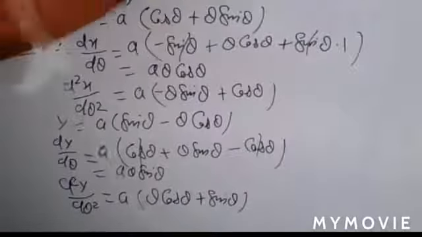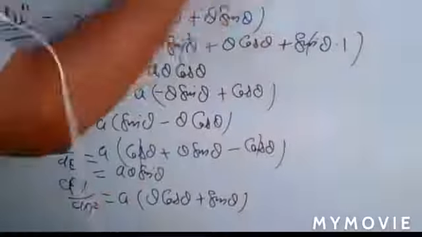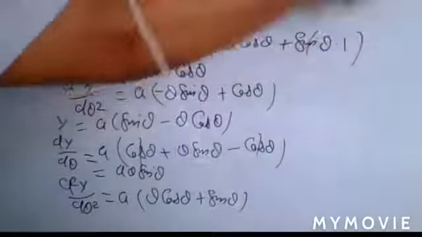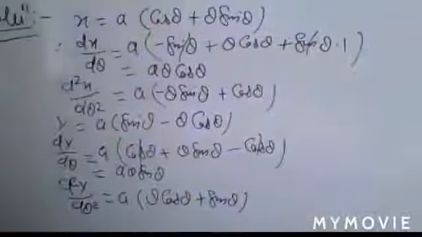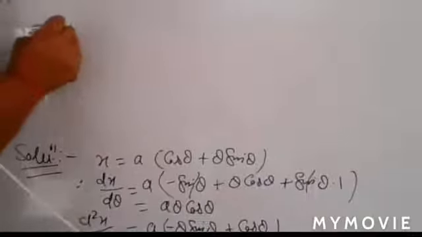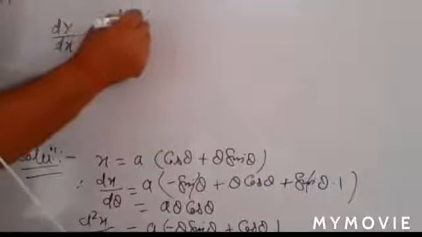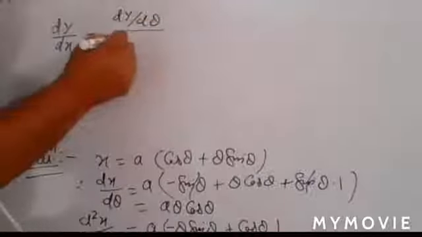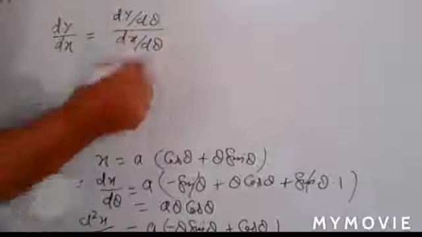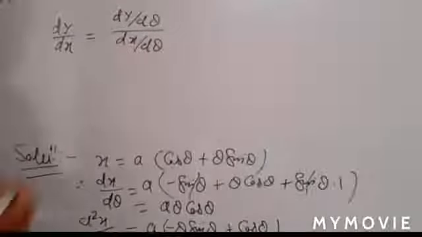In the third part, you have to find its second derivative, d2y by dx2. First of all, you have to find the value of the first derivative. You write dy by dx as dy by d theta upon dx by d theta. Understand?